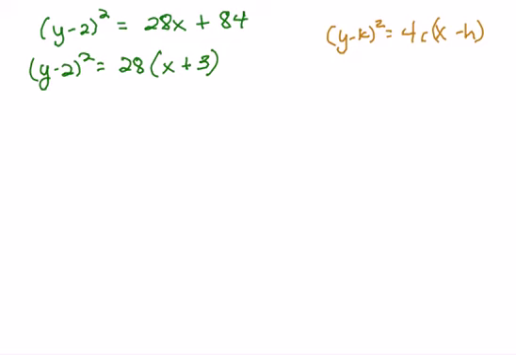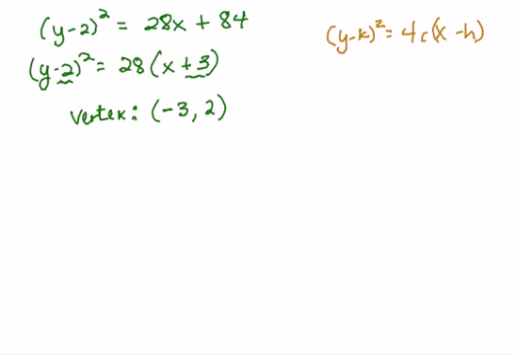The vertex of our parabola is easy to identify now. The x coordinate is going to be negative 3. And the y-coordinate comes from here. It's going to be 2. So I have a vertex of -3, 2. I'm noticing that the 28 here, it's positive.